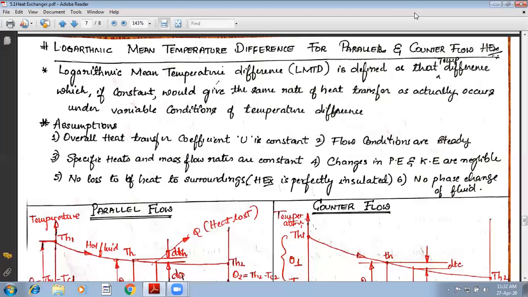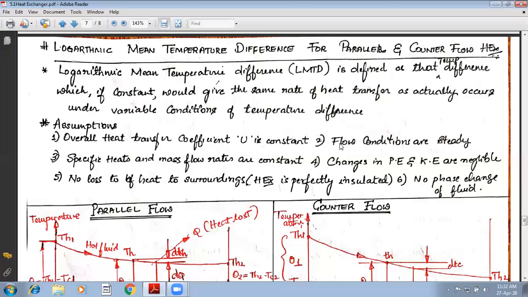Now, before looking into the derivation part, we have some assumptions. The first one is the overall heat transfer coefficient U is constant.